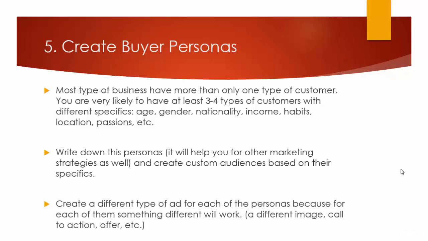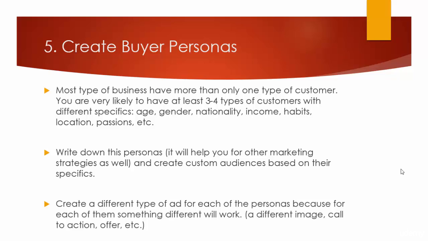So exactly as I've told you before, create a different type of ad for each of the personas, because for each of them something different will work. A different image, a different call to action, a different offer. Let me give you a practical example. If you have a supermarket, you can run different types of promotion. Maybe you can run a promotion for seniors, you can run a promotion for kids.